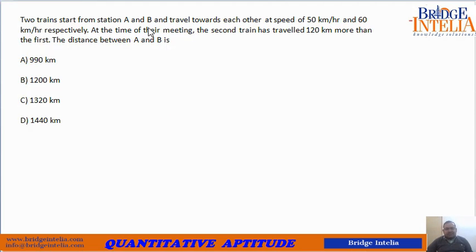So two trains start from station A and station B and they are traveling towards each other. So let's understand this scenario first. So here is A, here is B. We don't know what this distance is. We have to actually find out what this distance is.